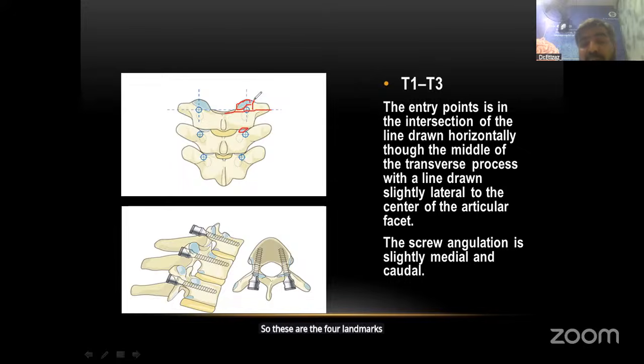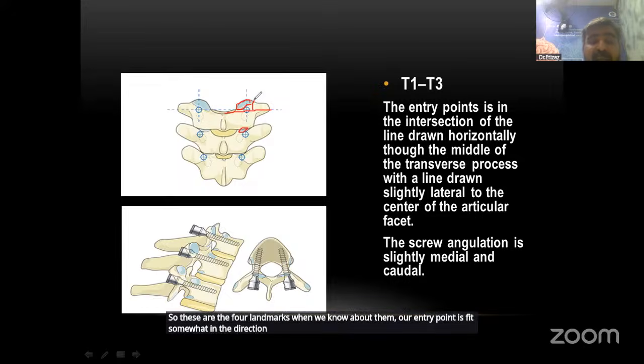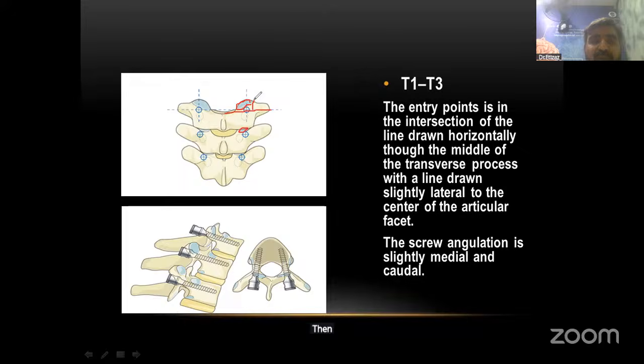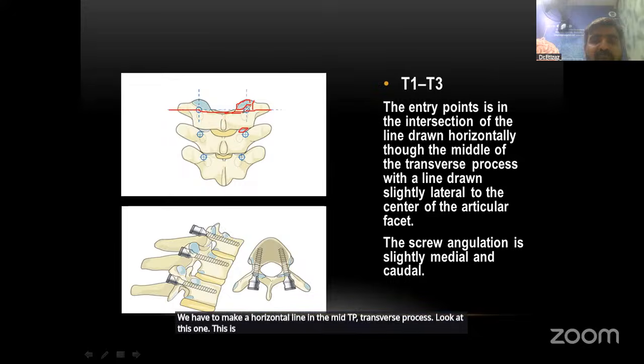When we know about them, our entry point fits somewhat in the direction and lining there. Then what to do actually? When we're talking about T1 to T3, we have to make a horizontal line in the mid TP, the transverse process. Look at this one. This is the horizontal line.